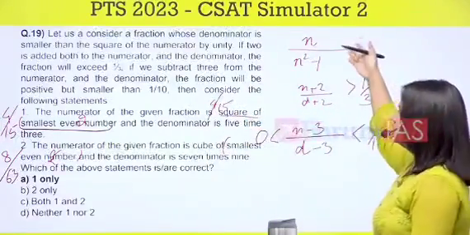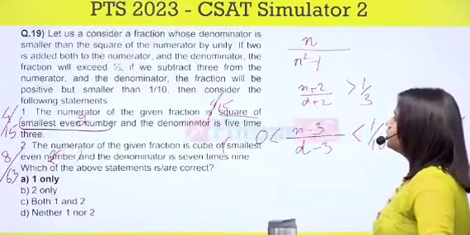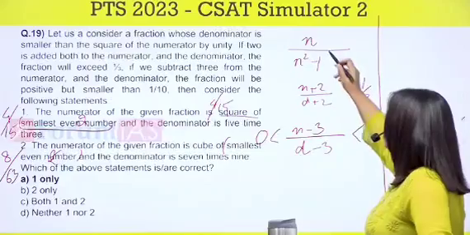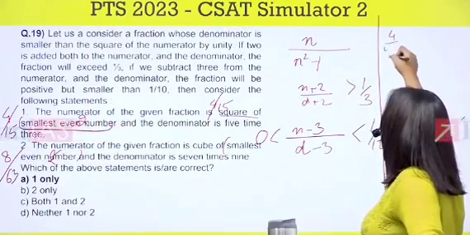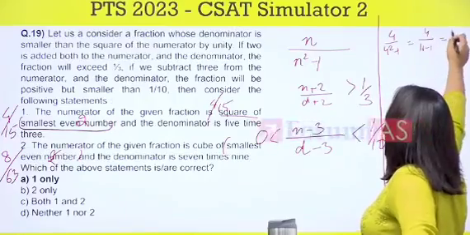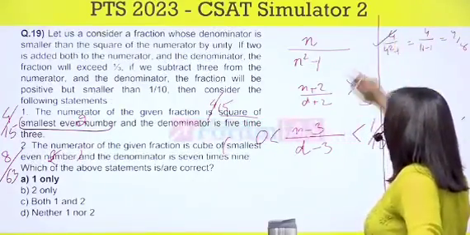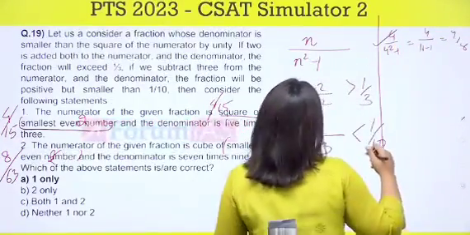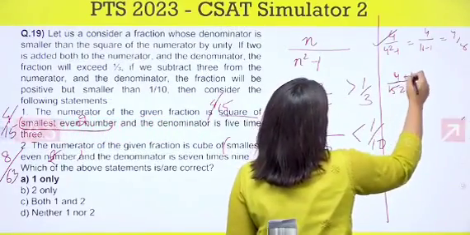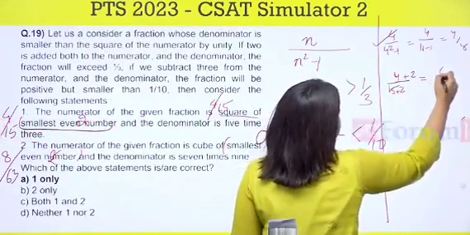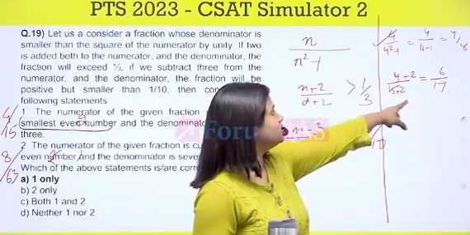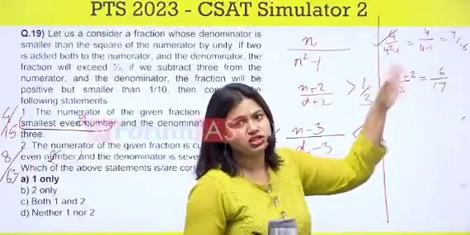I put them here. Is 4 by 15 following this? So for 4 by 15, n into n square minus 1. 4 का square minus 1 means 16 minus 1, 15, so 4 by 15. So this is correct. N plus 2 and d plus 2 has to be greater than 1 by 3. 4 by 15 plus 2 and 2 means 6 upon 17. Is that greater than 1 by 3? Yes. 6 upon 17 is more towards its half.